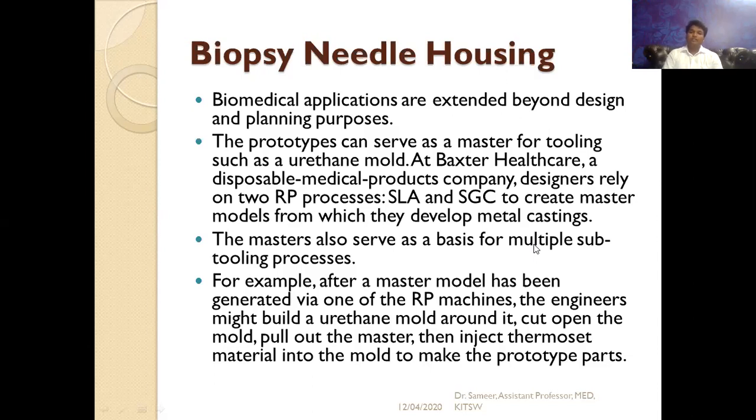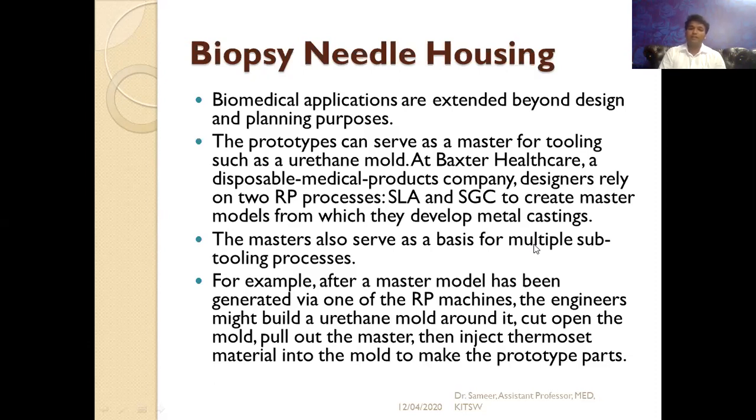Tooling, in the mechanical engineering sense, means we can manufacture different products. One of the conventional methods is casting. To create a casting, we require a pattern. That pattern, which serves for creating a larger number of products, we call the master pattern.